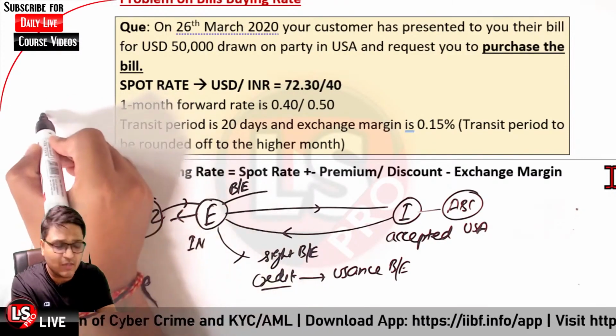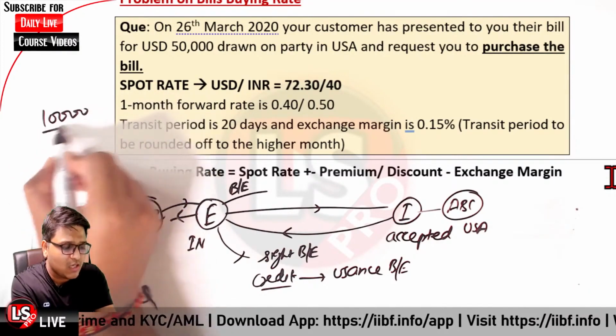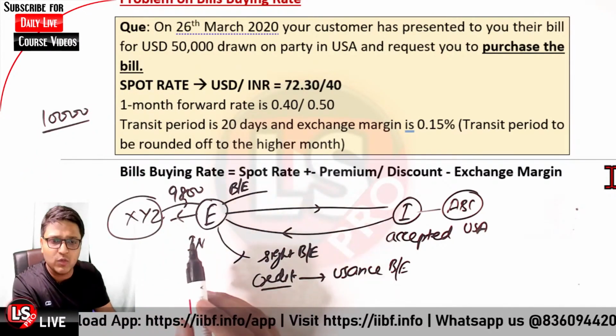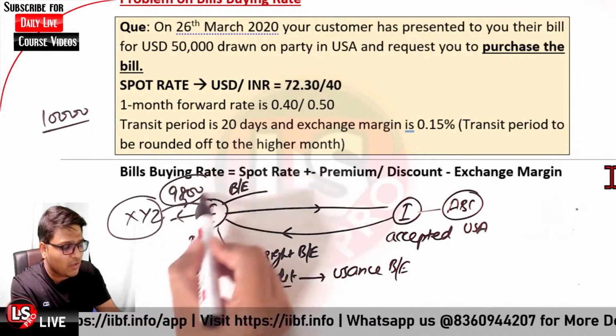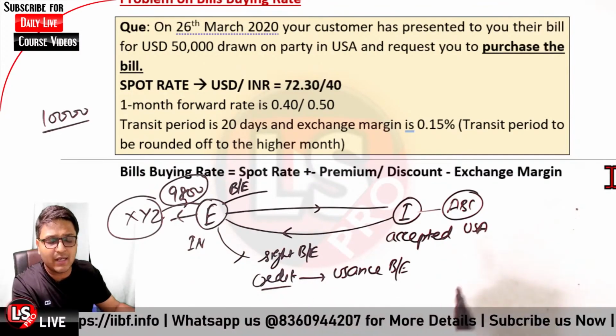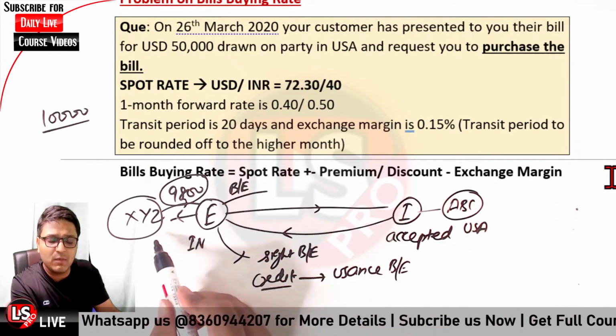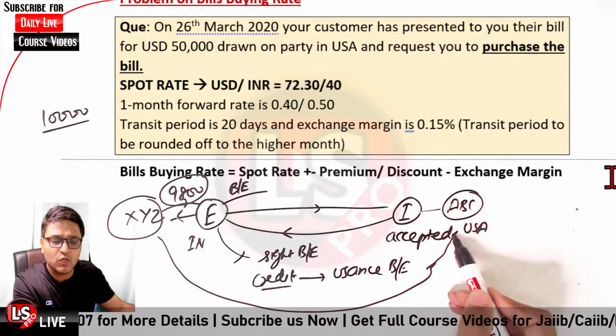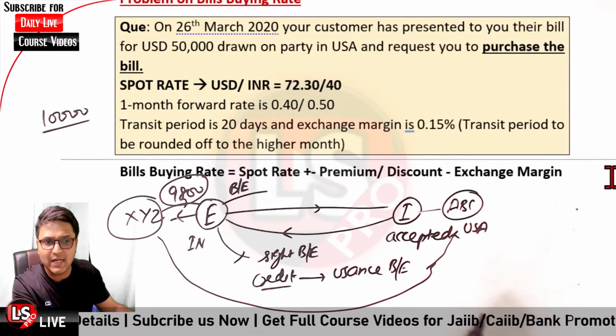Let us assume the transaction was worth 10,000 USD; XYZ bank will pay the exporter the equivalent of 9,800 USD, and further on the presentation date or at the end of the credit period, XYZ bank will present this bill to the bank of the importer itself.